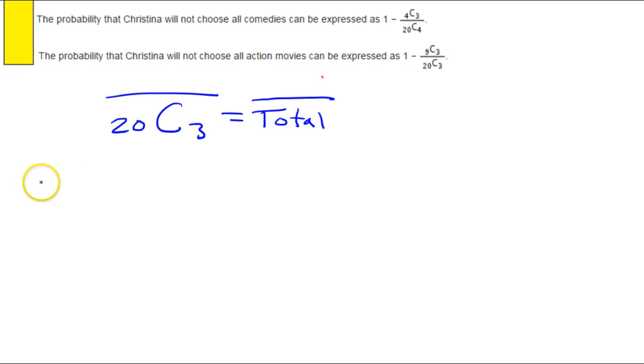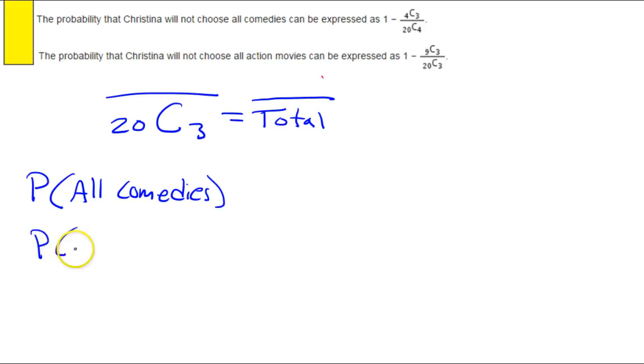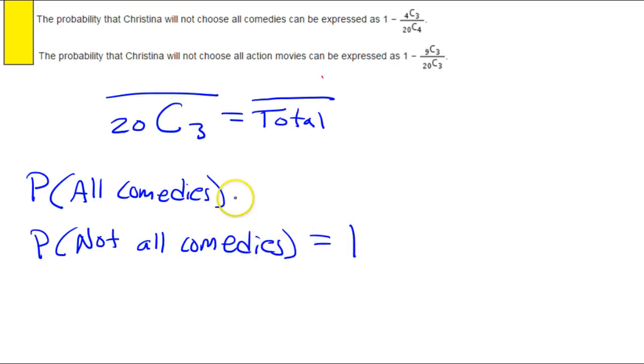So if the probability that Christina will choose all comedies is whatever that is, then the probability that Christina will not choose all comedies is going to be 1 minus this.